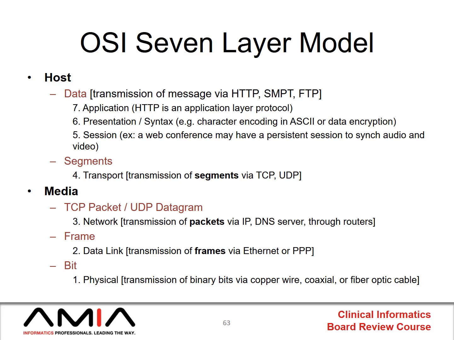And then finally, there's the actual physical layer, which is the actual mechanism by which these frames are transmitted via a copper wire or coaxial cable or fiber optic cable or whatever. And I think it's useful to think of these almost like a turducken, where frames can contain packets, packets can contain segments, segments can contain sessions, and all the way down to the actual HTTP message that's being sent back and forth.